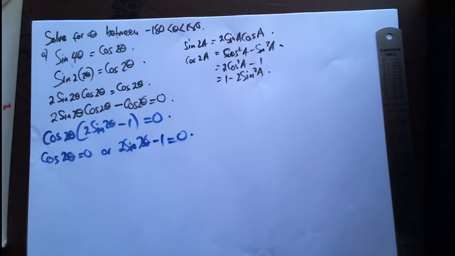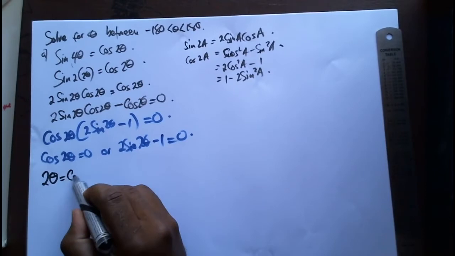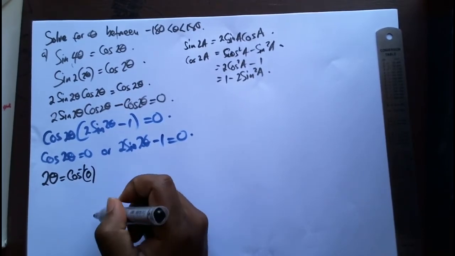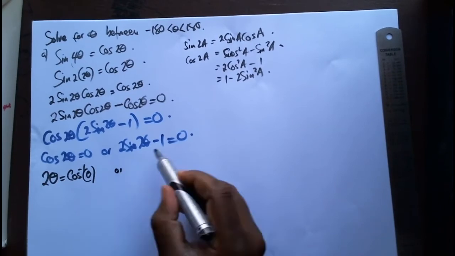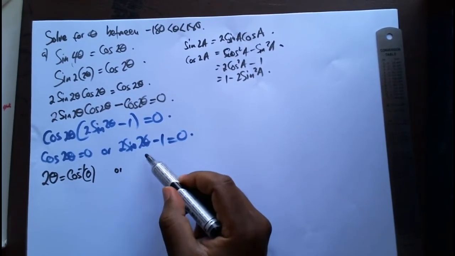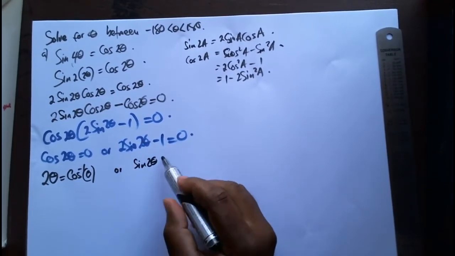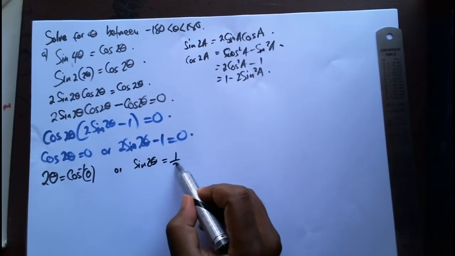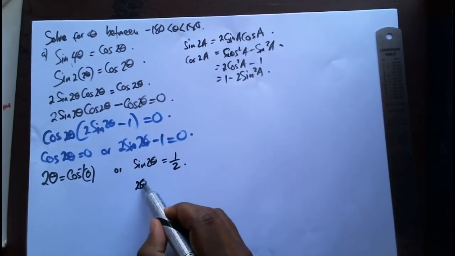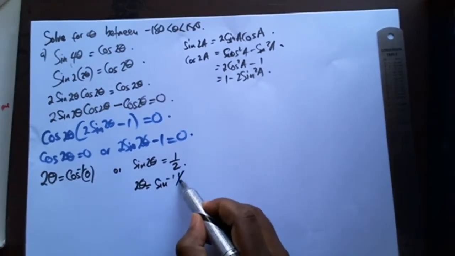So here 2 theta is equal to shift cos 0. For the other one, I'll first make sine 2 theta the subject of the formula. So sine 2 theta is equal to 1 over 2. Therefore, 2 theta is equal to shift sine of a half.